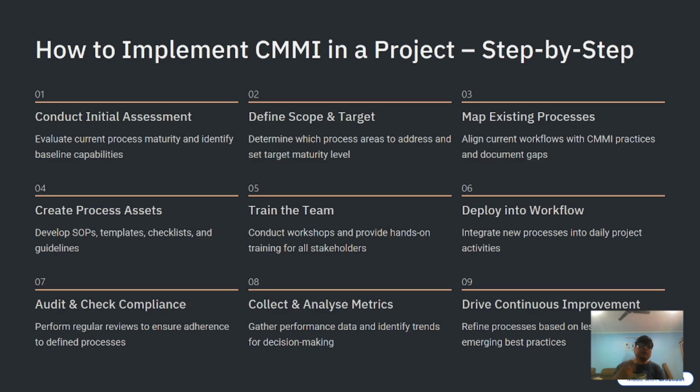Create process assets. Develop SOPs. Every time the team is doing the same repeatable things, and there is a structured way to do that, to avoid errors, to avoid different kinds of flaws or challenges, then do it in a structured way as an SOP.